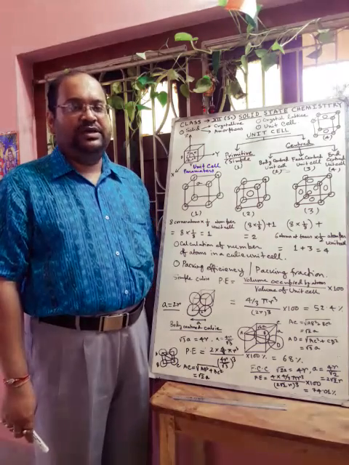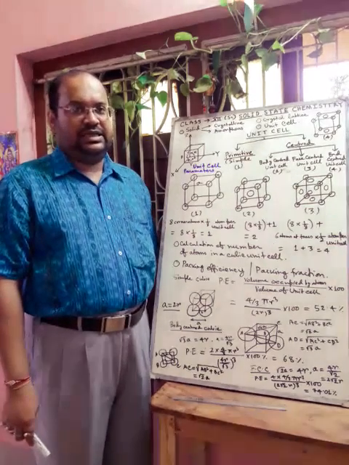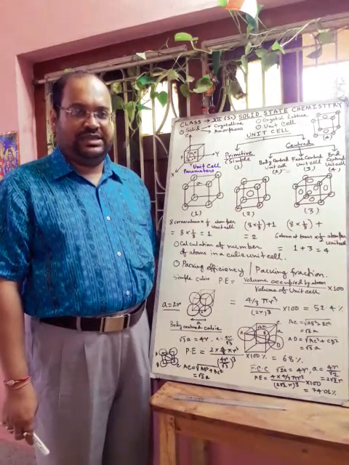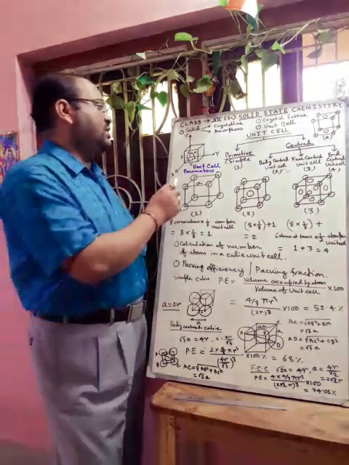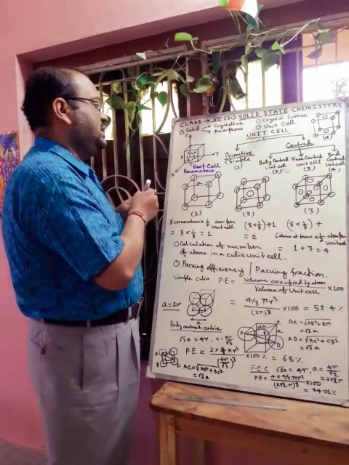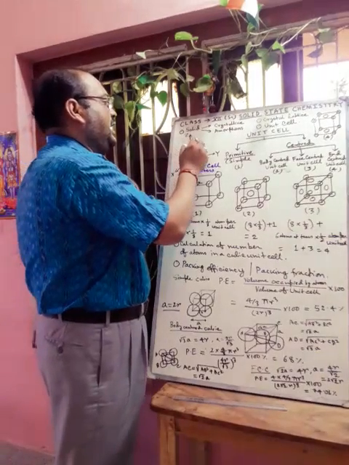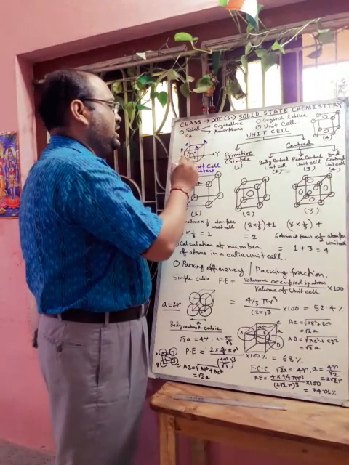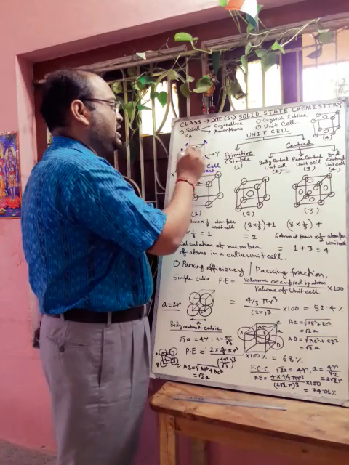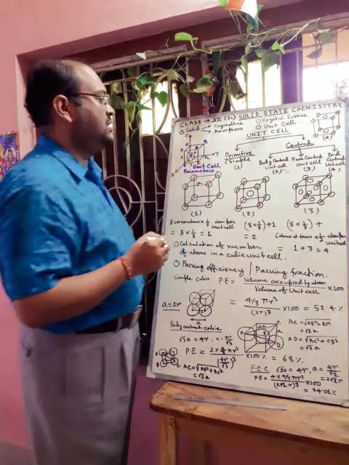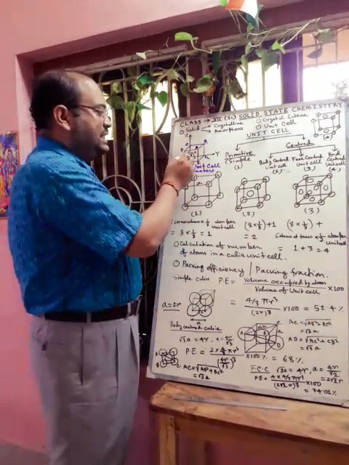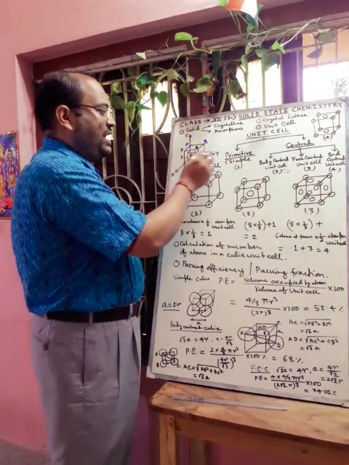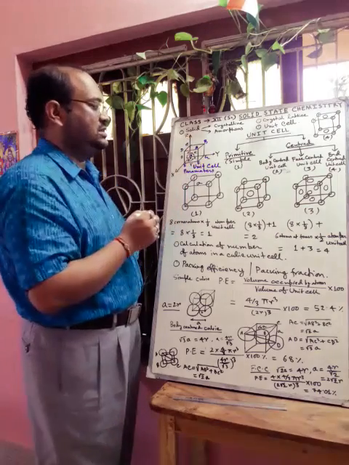Now we shall discuss the parameters required to explain one unit cell. So this one is one unit cell. Suppose this is A, B, C, D, E, F, G and H. Now this one is the origin O, x-axis, y-axis and this one is z-axis.